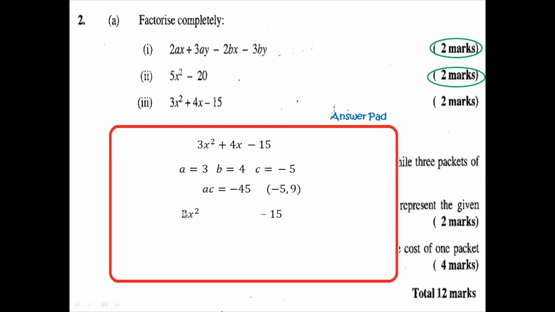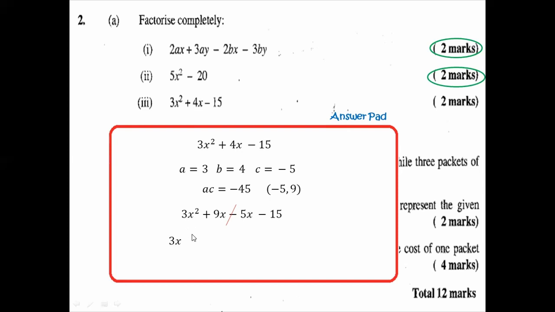So what we're going to do then is split the middle term using those two factors. So the 9x minus 5x will replace the 4x in this term. And then we factorize by grouping now. So what's common to the first 2 terms? We have 3 as the number and x as the variable. So it's 3x that's common.